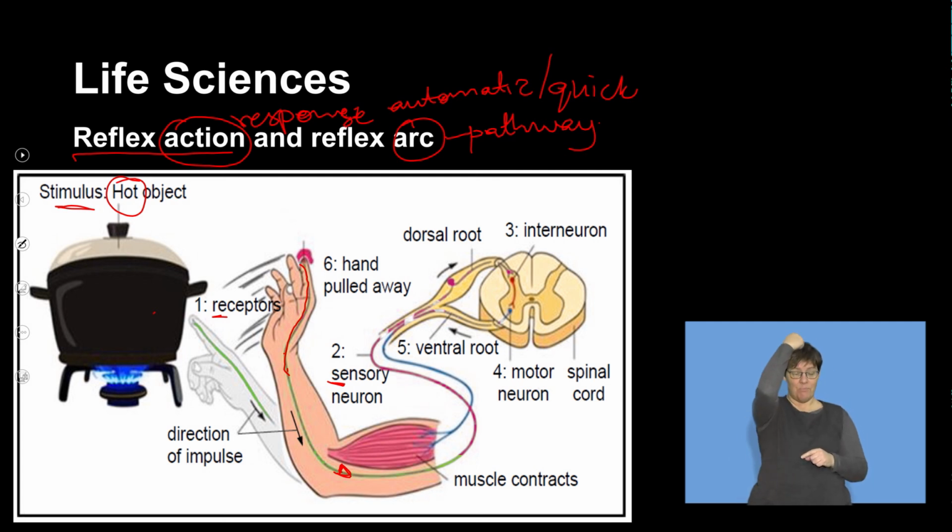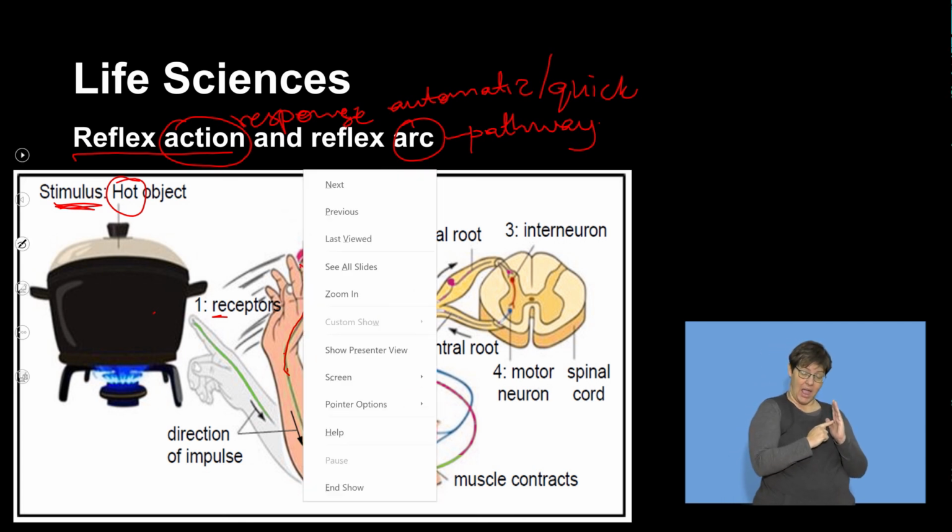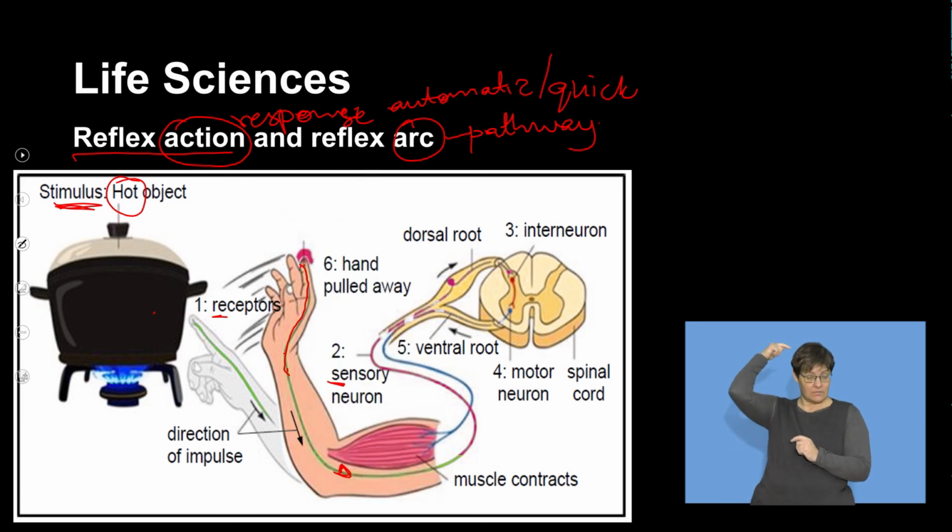Remember, it was a stimulus from the beginning because it's still in the environment. But once it gets into the sense organ, it will be converted into an impulse that will be able to be carried by the neuron to the spinal cord.